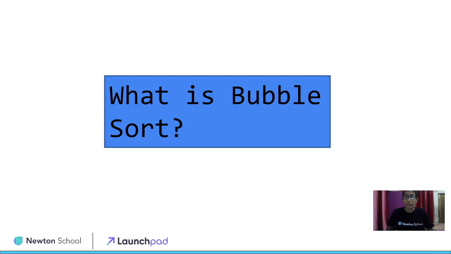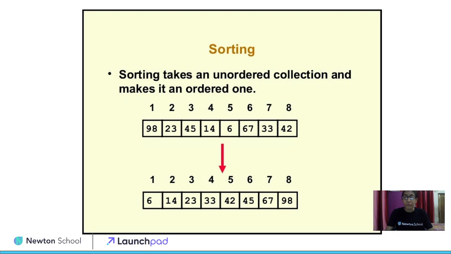If the first value is lower than the second value, no swapping is done in bubble sort. So how is sorting done? Sorting always takes an unordered collection and makes it an ordered one. You repeat the process over the list until all the values in the list have been compared and swapped as necessary.